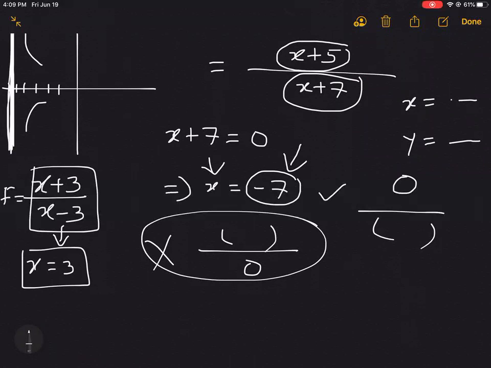If you already have a function which is in the lowest terms, you can always eyeball it and say straight away that this is my vertical asymptote. But first of all, you want to write it in the smallest form. This will be a bit time consuming, but you need to write that in terms of the lowest terms.